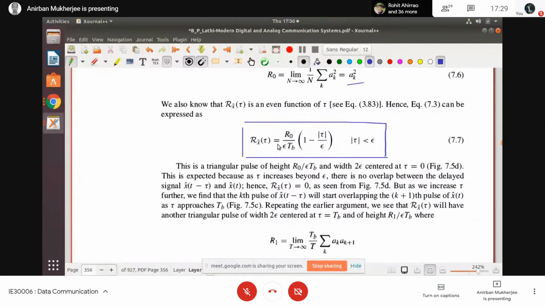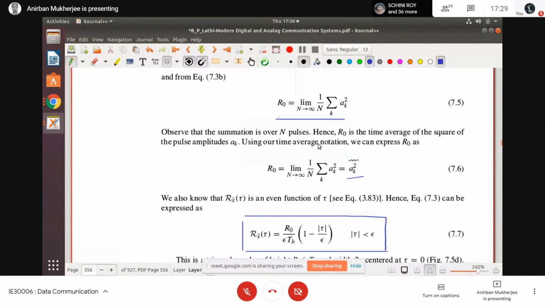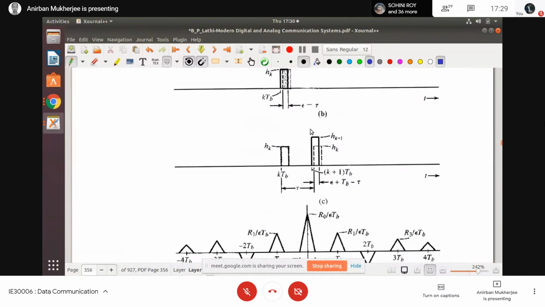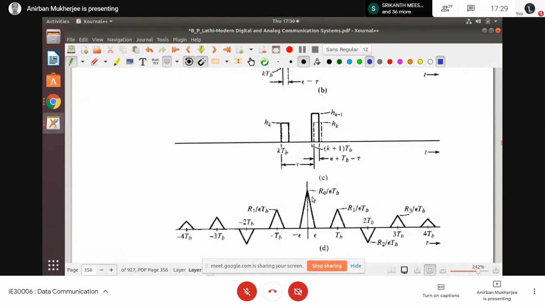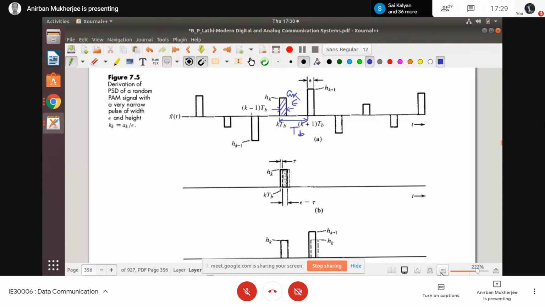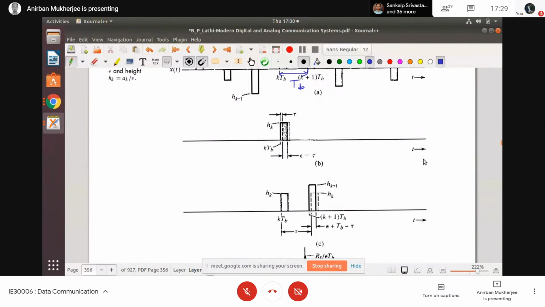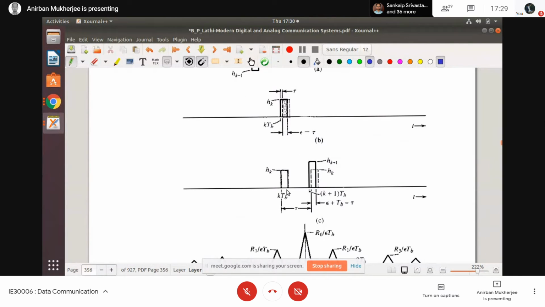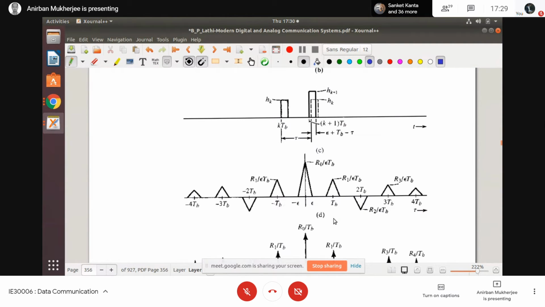If I do the plot, when I have a convolution of the same pulse with the same one, with hk at kTb, I will have this triangle.